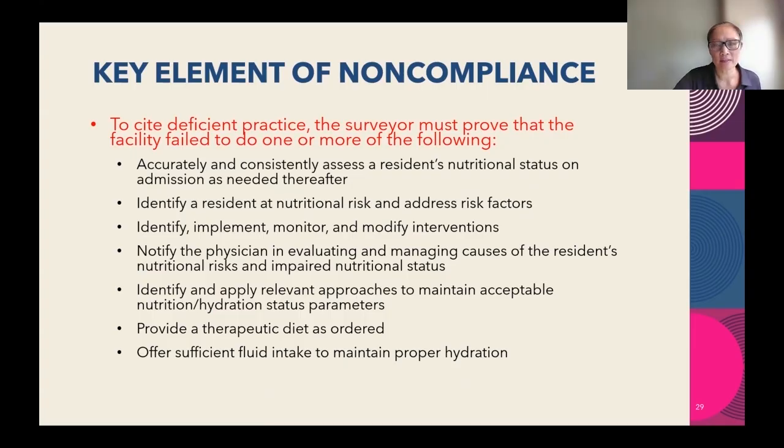So accurately and consistently assess the resident's nutritional status on admission and as needed thereafter, identify resident nutritional risk and address the risk factors, identify, implement, monitor, and modify interventions, notify the physician in evaluating and managing causes of the resident's nutritional risk and impaired nutritional status, identify and apply relevant approaches to maintain acceptable nutrition and hydration status parameters, provide a therapeutic diet as ordered, and lastly, offer sufficient fluid intake to maintain proper hydration.